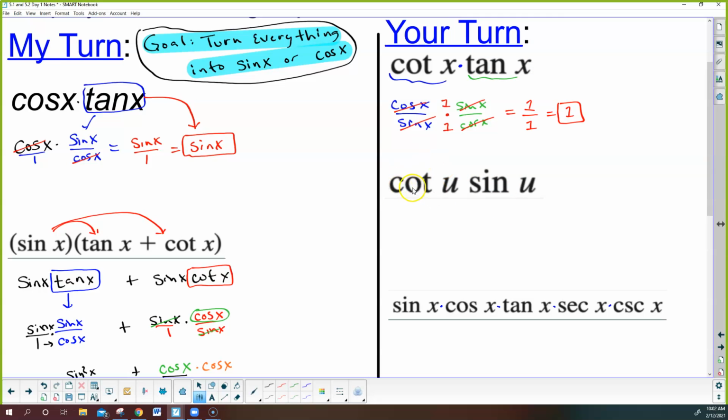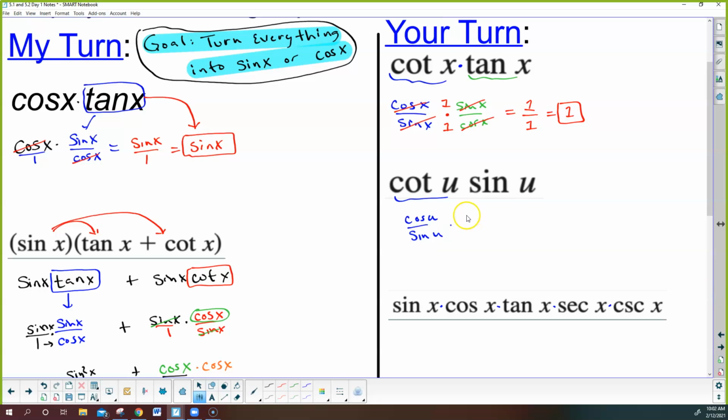All right, now let's do cotangent of u. Now notice, u, sometimes they call this a dummy variable, meaning it doesn't matter if it's x, u, it could be theta even. So we're going to go ahead and just do that same work. So now I know cotangent is cosine over sine. Oops, you can see I accidentally put a u or an x there out of habit.